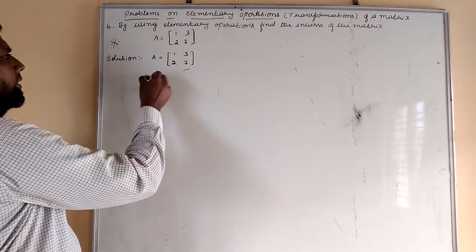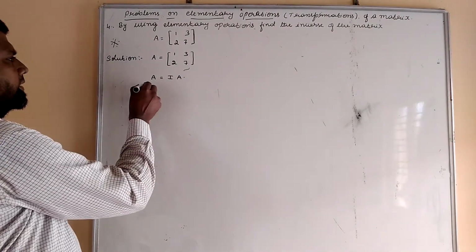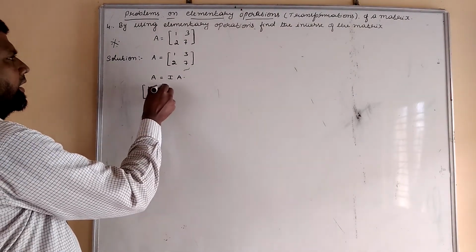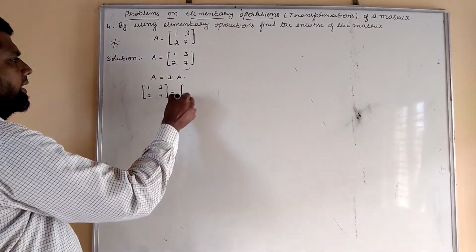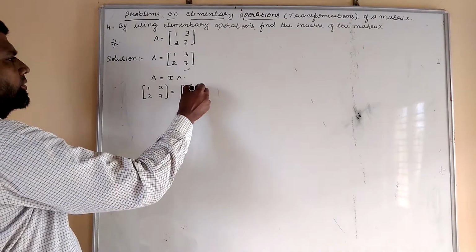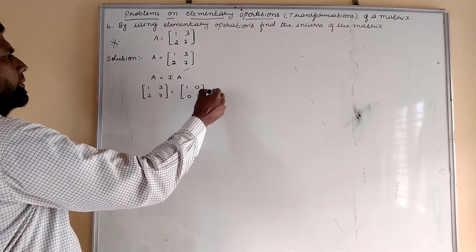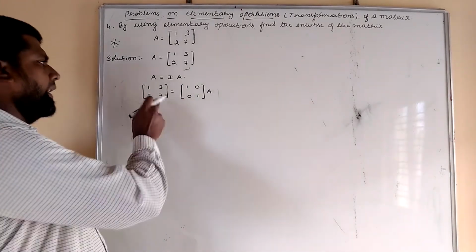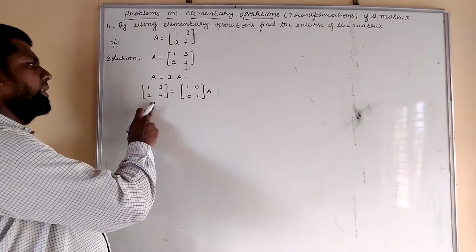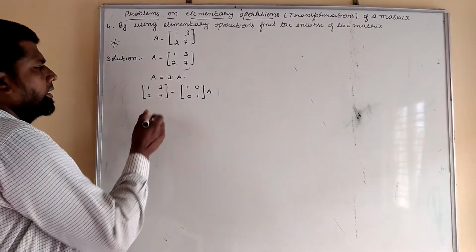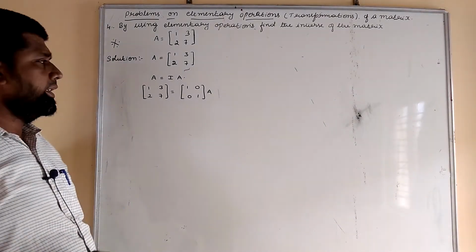Then we have to take A = I into A, where I is an identity matrix of order 2 cross 2, so [1 0; 0 1] into A. We have to make A an identity matrix by using elementary operations.